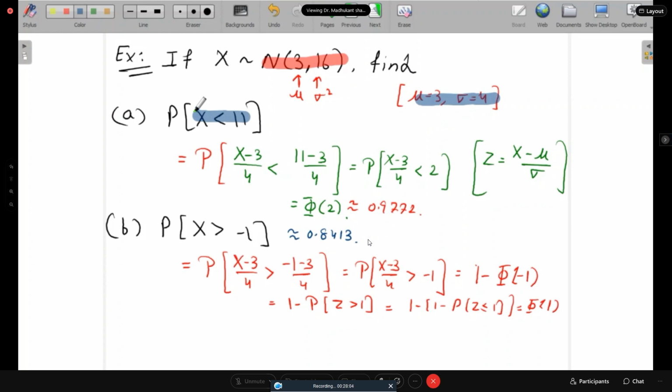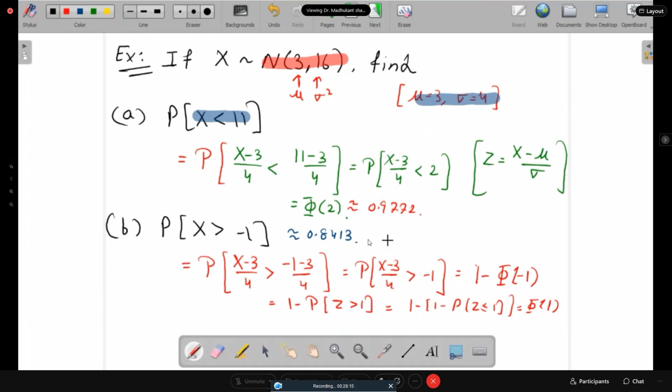But note that the table is available only for the random variable z, which follows the standard normal distribution, and z equals x minus mu by sigma. Keep that in mind. So what is your goal here?